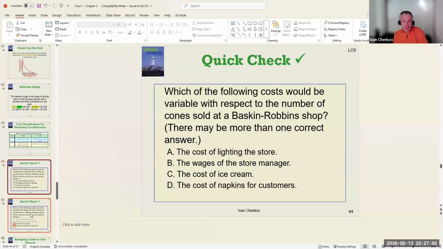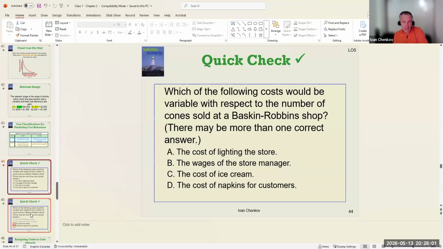You know where the Baskin-Robbins shop is, or one of them, in Metrotown, on the second floor, I believe, close to the parking lot on the second floor. So let's think about it. First, again, the driver for the cost, and how we try to get variable versus fixed, is based on the number of cones.